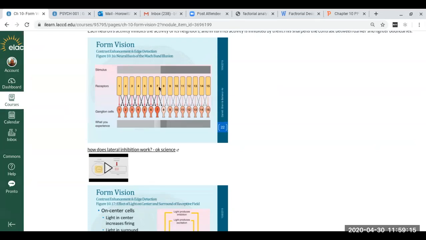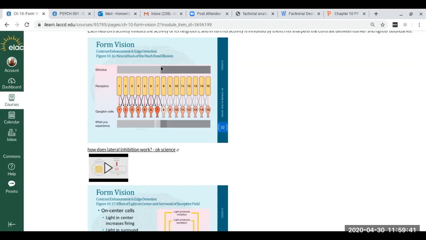So when that information sharing is taking place, let's say that number 7 is going from the rod to the number 7 ganglion cell. Lateral inhibition means that if 7 is hit, it inhibits 8 and 6. If 12 is hit, it inhibits 11 and 13. So basically, the cells that are excited are inhibiting their neighbors.